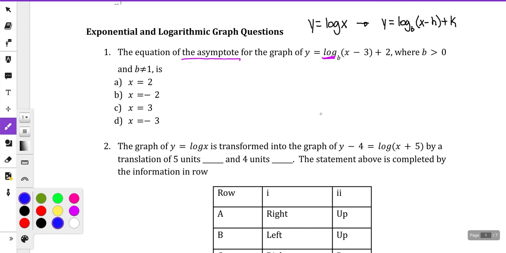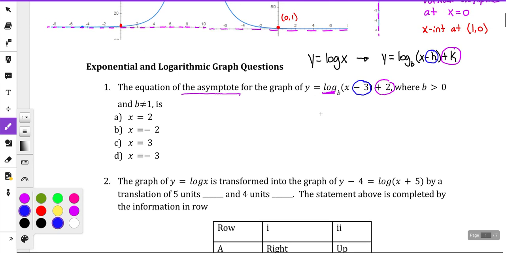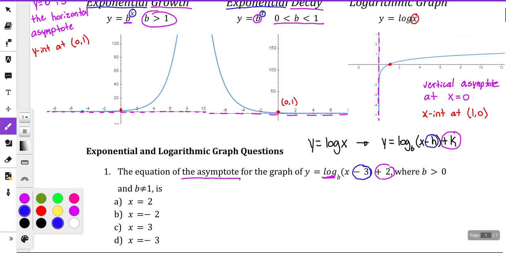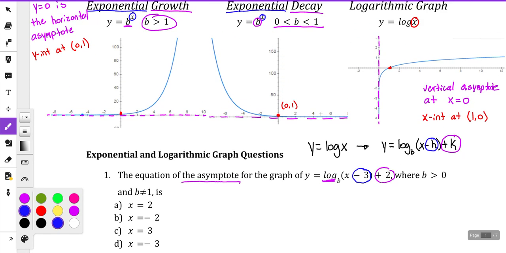But we see that? We see how they've just subtracted 3 in there and added 2 out here? Right? Those are transformations. They've added something to the overall function. They've subtracted something from the x value. That means what they've done is they've taken this mother function, this basic function, and they've done something to it. They've stretched it, they've moved it, they've done something.